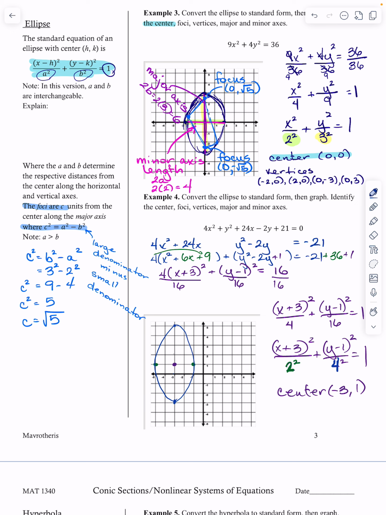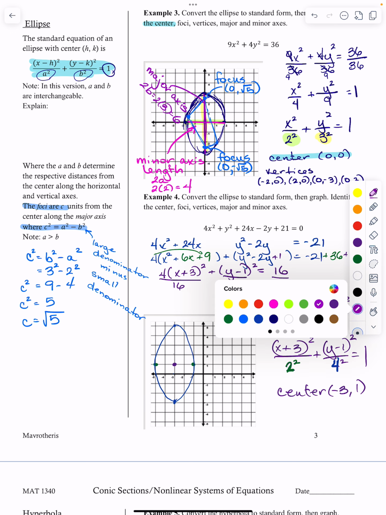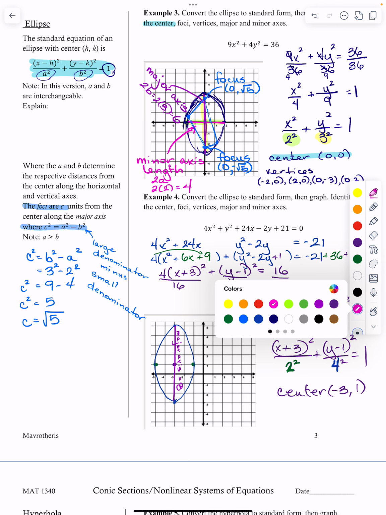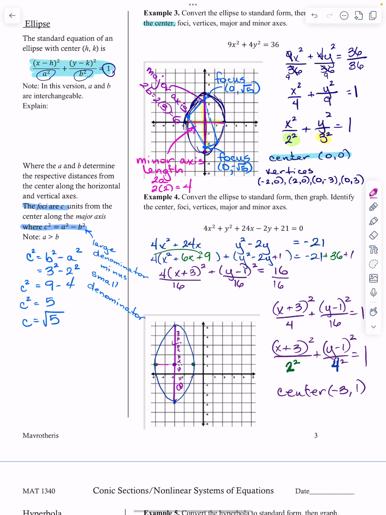So the length of the major axis is 8. We have a minor axis, again going in that x direction, minor just meaning it's the shorter axis, which is 4.